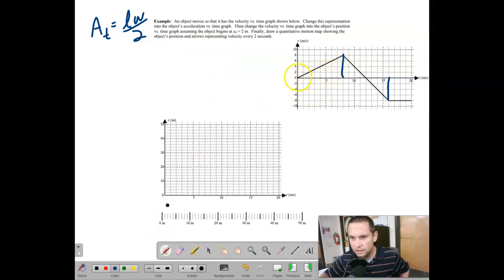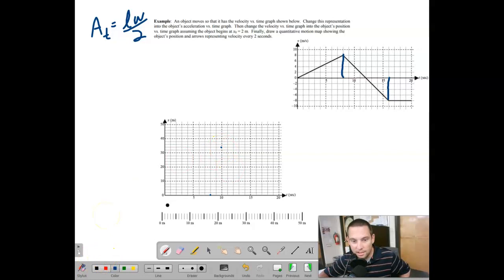So our length is 8, our height is 8. 8 times 8 is 64, divided by 2 is 32. So for the first 8 seconds, we're going to get up to 32.